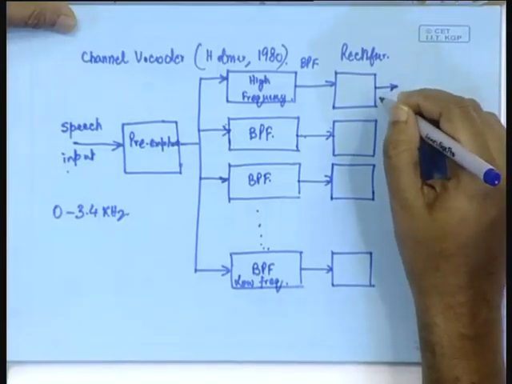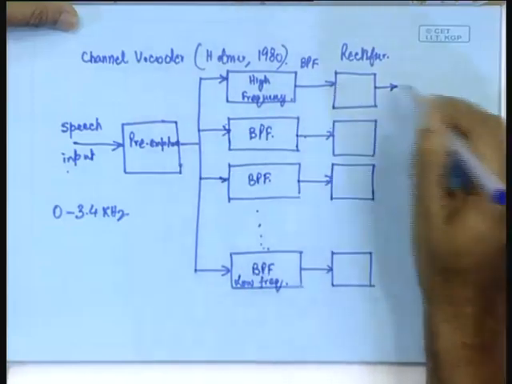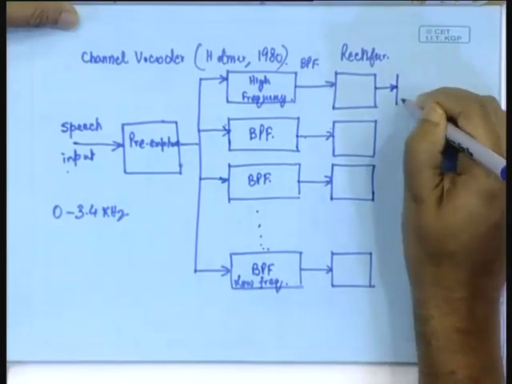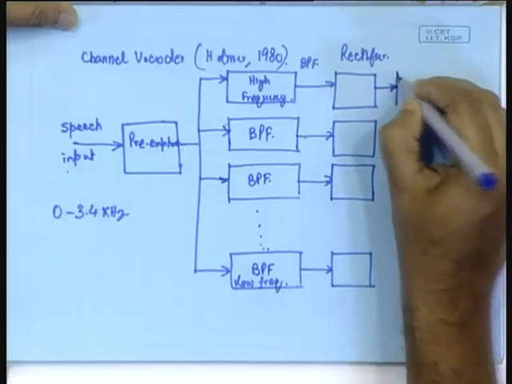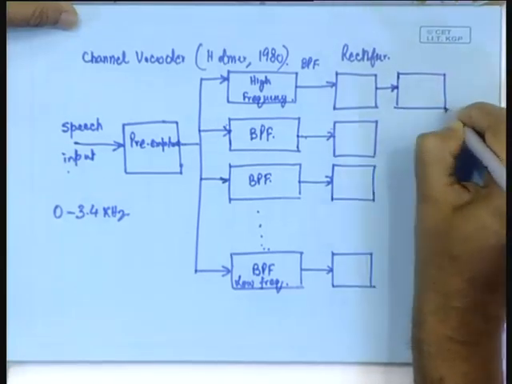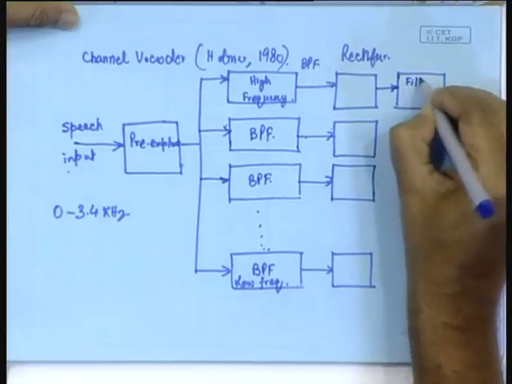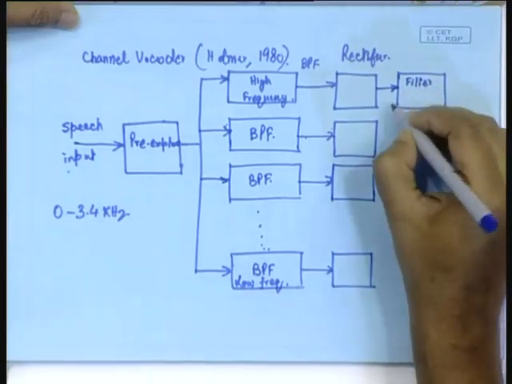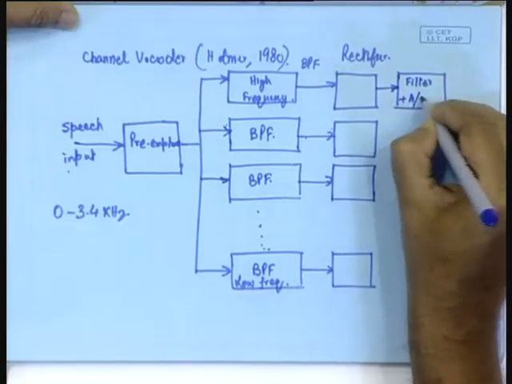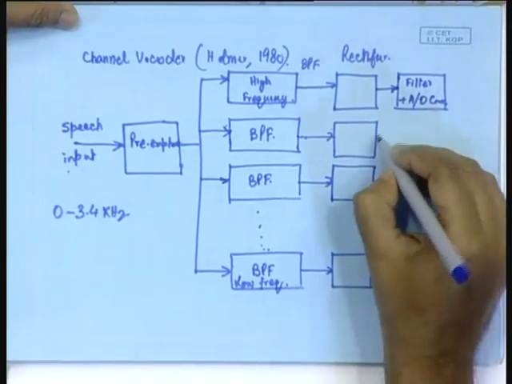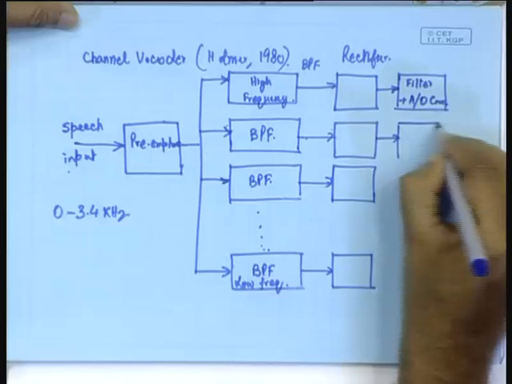Till now everything is analog, but after the rectifier we have to use a smoothening filter and then an A to D converter. So, I am writing here filter plus A to D converter, and we have to do that for all these channels.